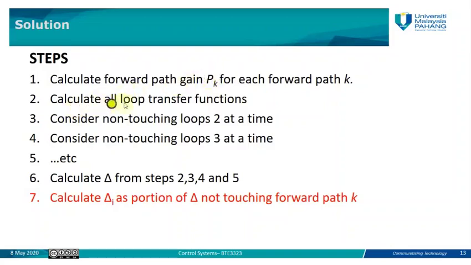The next step is to calculate all loop transfer functions, so we need to find the gain of the loops. How many loops do we have? If we have one loop, what is its gain? If we have two loops, what are their gains, and so on. Then we need to consider the non-touching loops, two at a time, three at a time, and so on. After that, we calculate the value of delta, then delta 1, delta 2, delta 3, depending on the value of k.